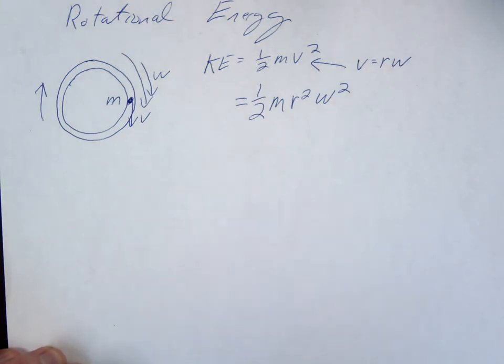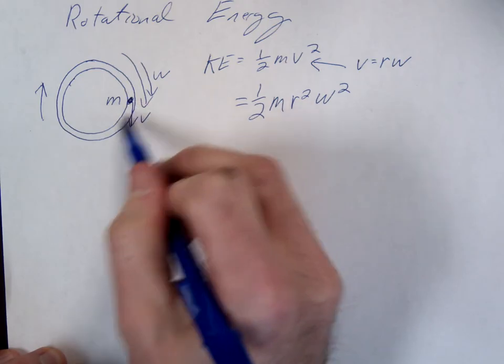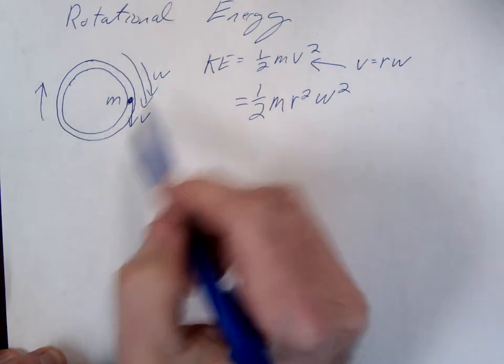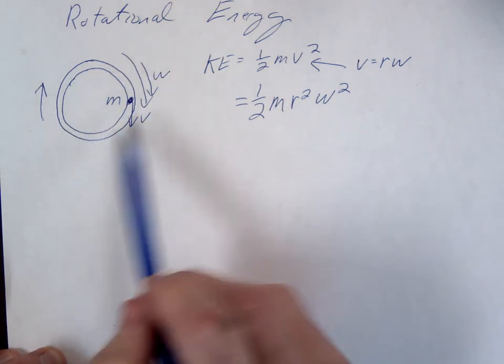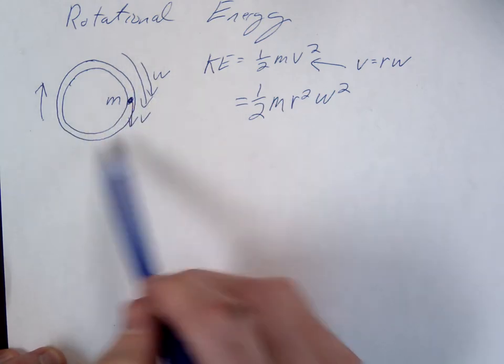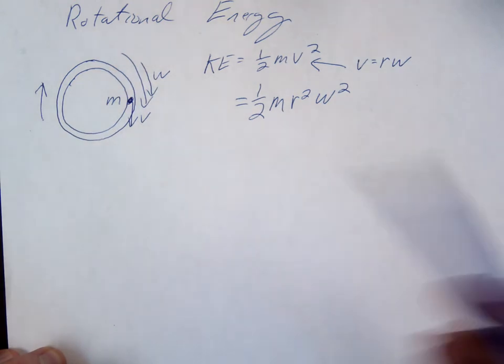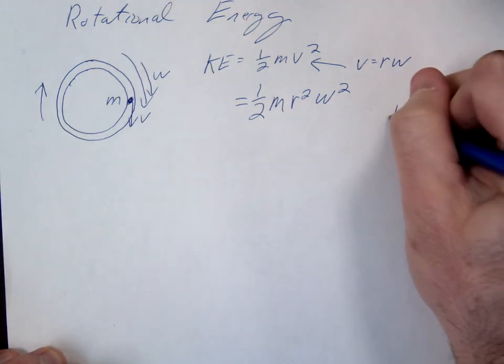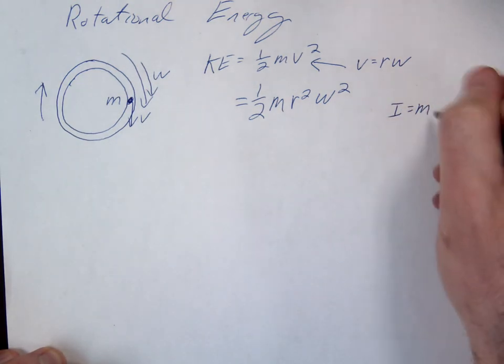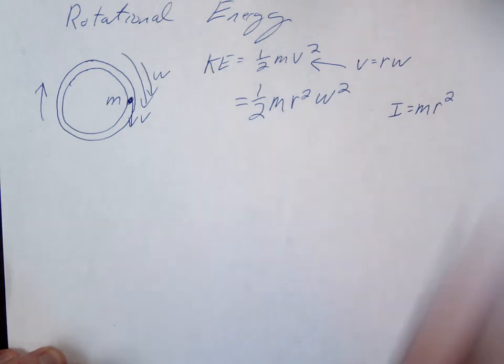Okay? Well, this little point is moving in a circle, so we also say it has a rotational inertia. Anyone remember what the rotational inertia is for a point mass? Okay, I is equal to mr squared.